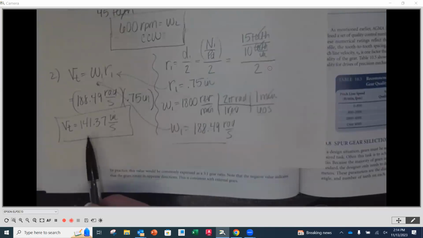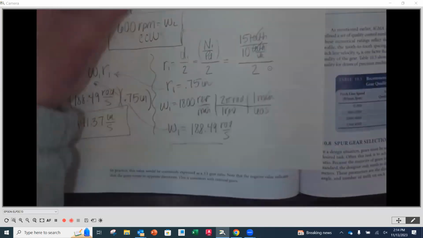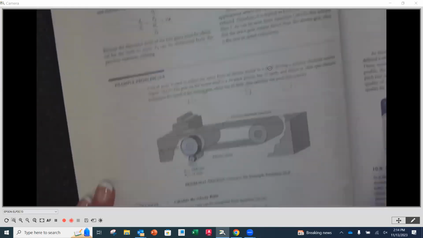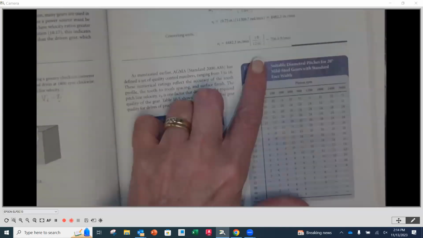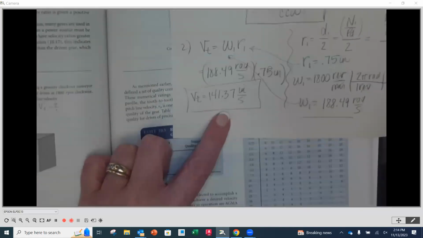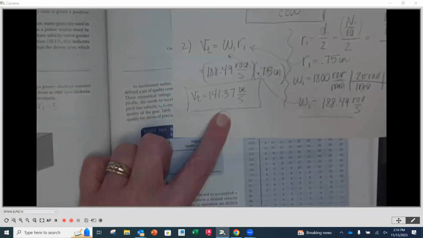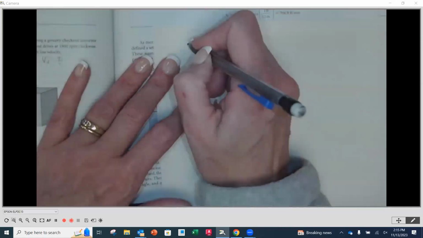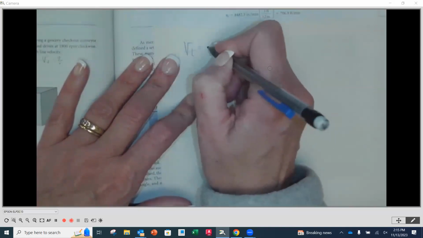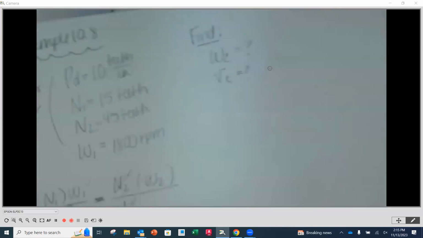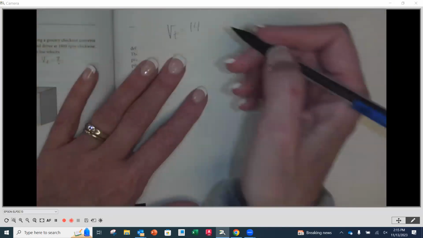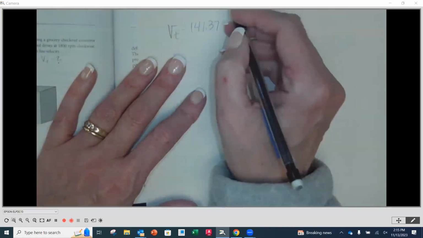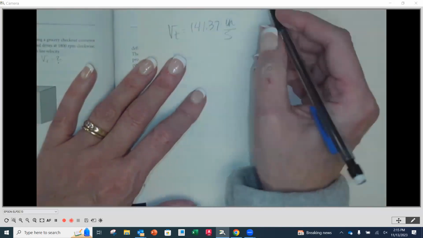Let's make sure now in the book, it looks like their final answer is in feet per minute. Convert our answer here to feet per minute and make sure we get the same number as them. I'm going to do that on the back side because I don't have room left. So I've got V equal to 141.37 inches per second.